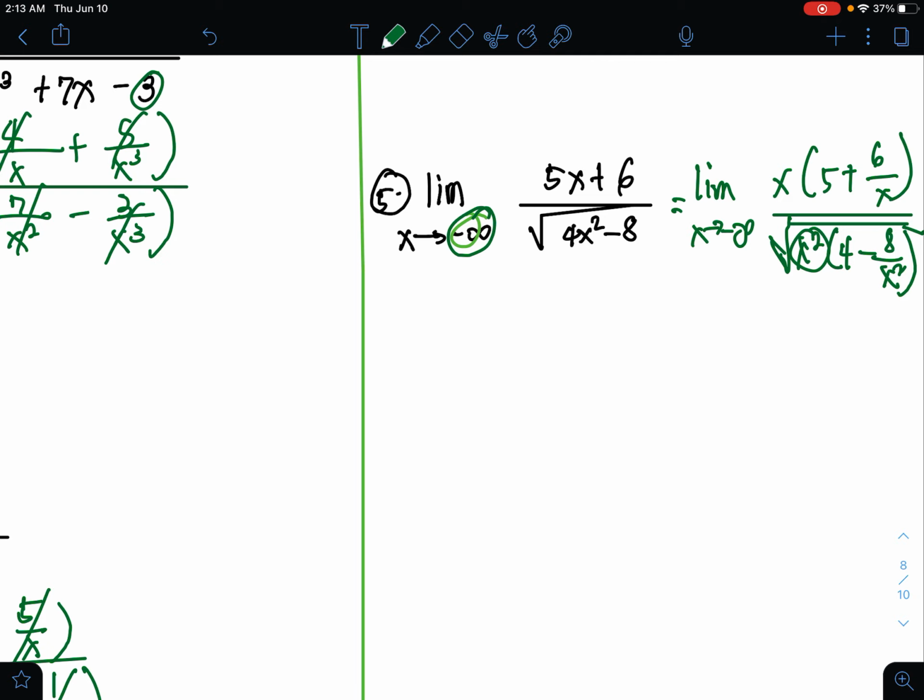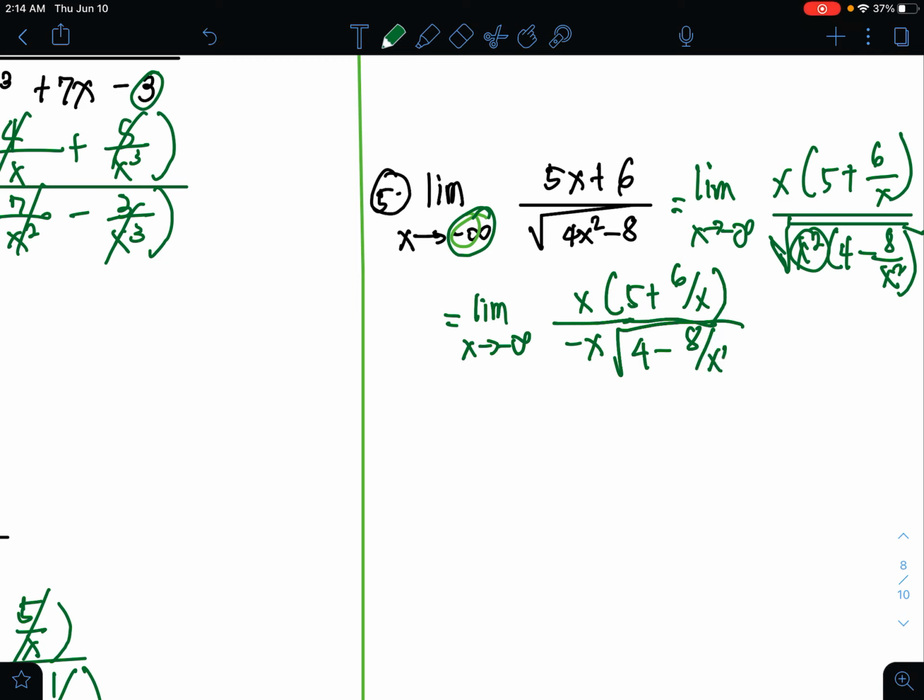So ang mahitabo is x over negative x na siya dira. Then kani siya is 5 plus 6 over x. Then kani siya is the square root of 4 minus 8 over x squared. Okay? So, mabilin ana negative 1 na lang. Negative ang denominator.